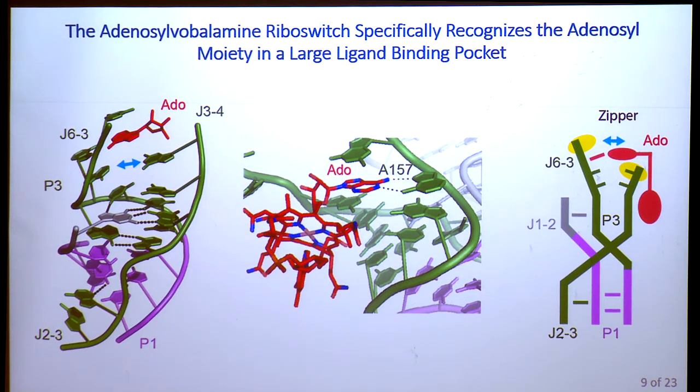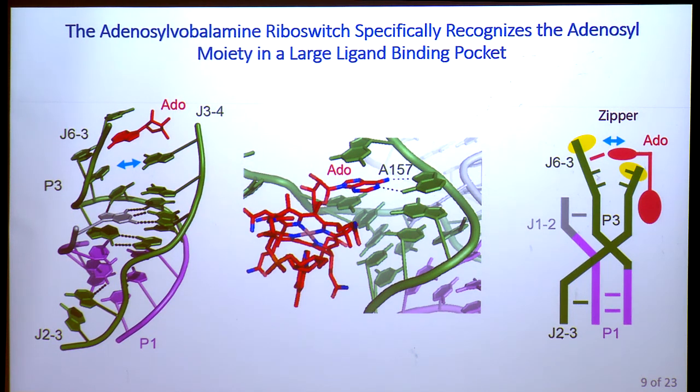What's interesting is if the adenosine is mutated to a U, for example, the binding to adenosylcobalamine is greatly reduced, meaning that this adenosine is extremely important in the recognition of this whole large ligand, even though it's only interacting at this one specific region.